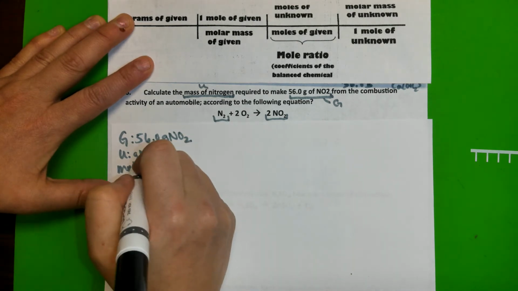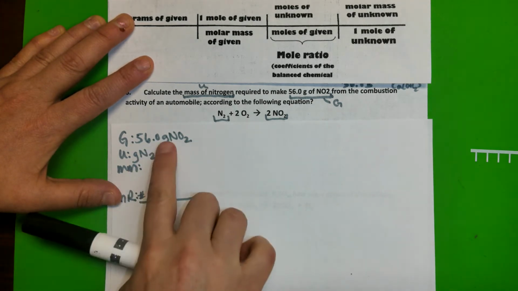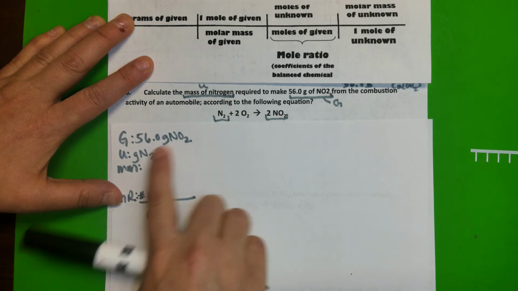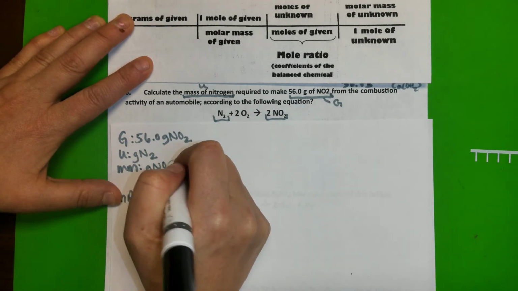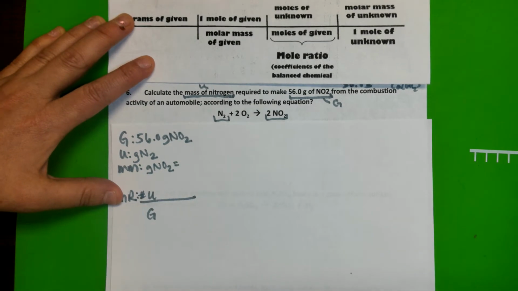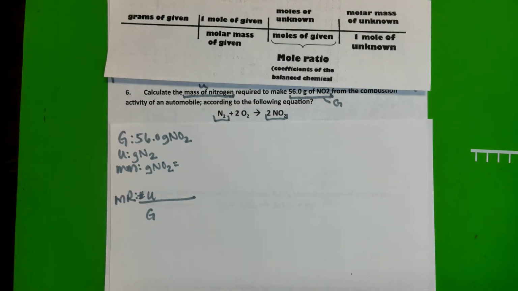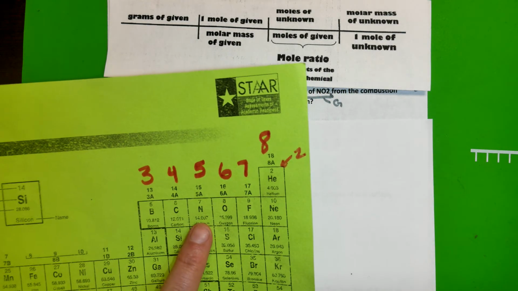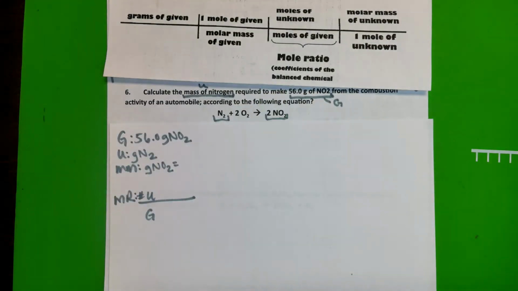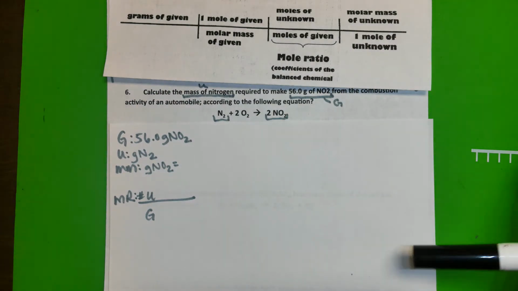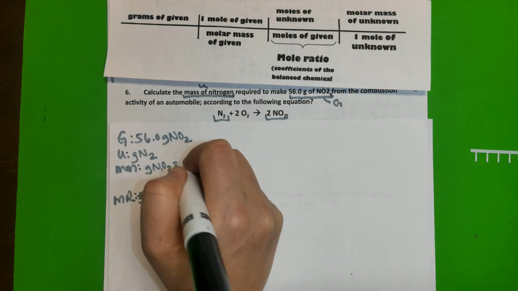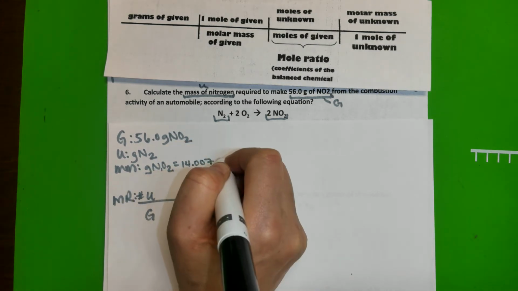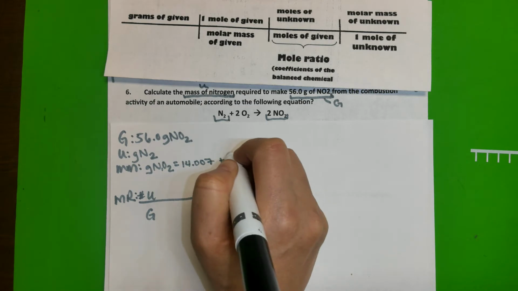Okay, now we're ready for our molar mass. So again, both of them have grams, so you have to get the molar mass of each one. So the grams of NO2 equals, now we need our periodic table. Our periodic table shows that nitrogen is 14.007, and it's only one, so it would be 14.007 plus, and then oxygen, there's two of them.